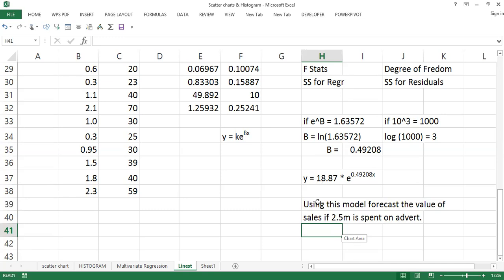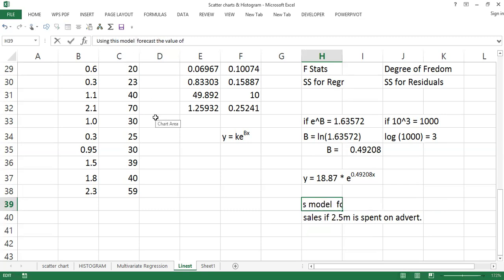That's using this model above. Now you try your hands on this.